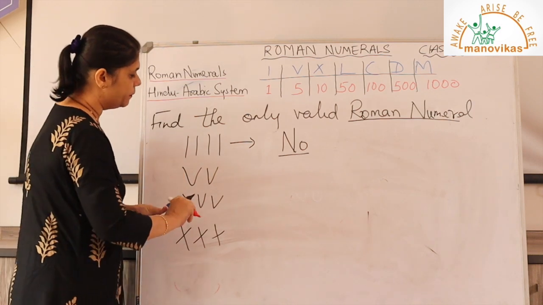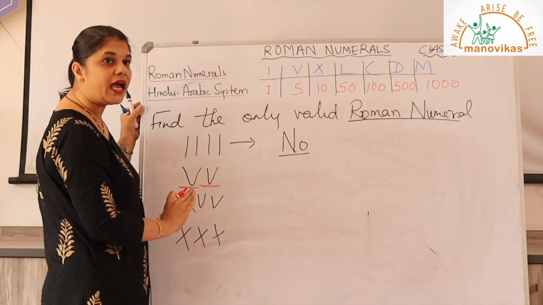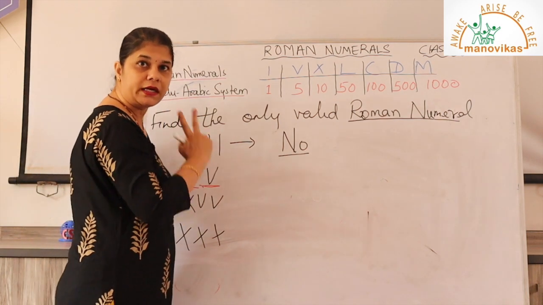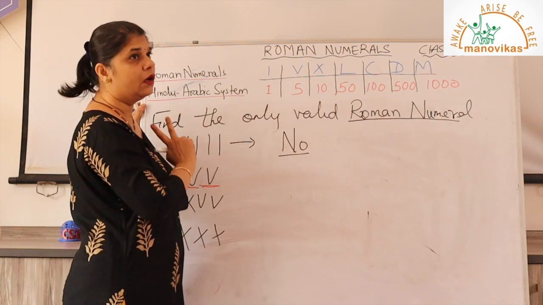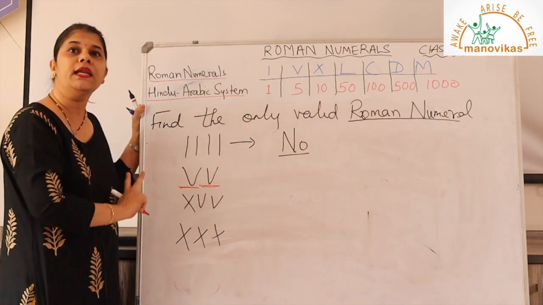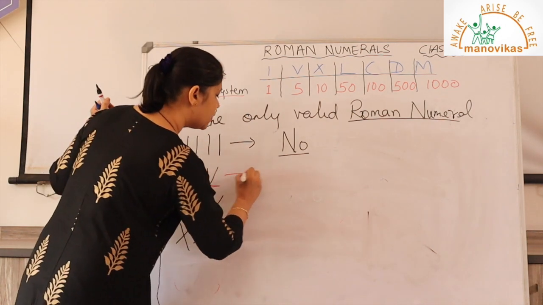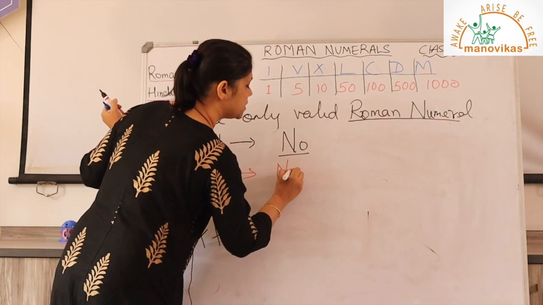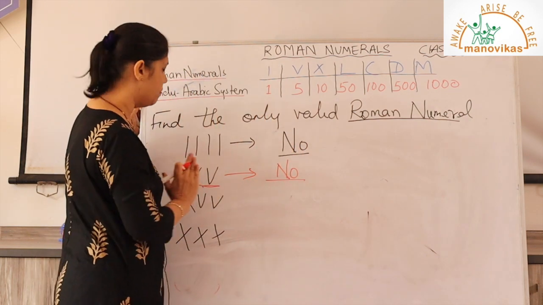Now go to the next example. In the next example, the symbol V is repeated how many times? 2 times. But are we allowed to repeat the symbol V? No, we can repeat only I and X according to the rules. So is this a Roman number? No, this also is not a valid Roman number.